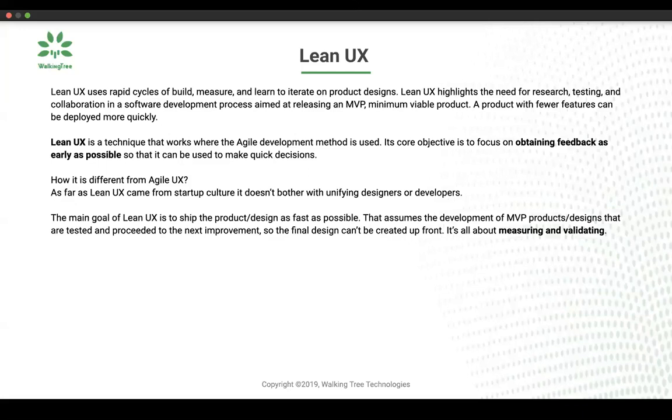Okay. So in an agile methodology, that's where we identify the problems, and we are going to address the problems again sprint by sprint. Whereas in lean UX, the problems will be identified even at the MVP stage.